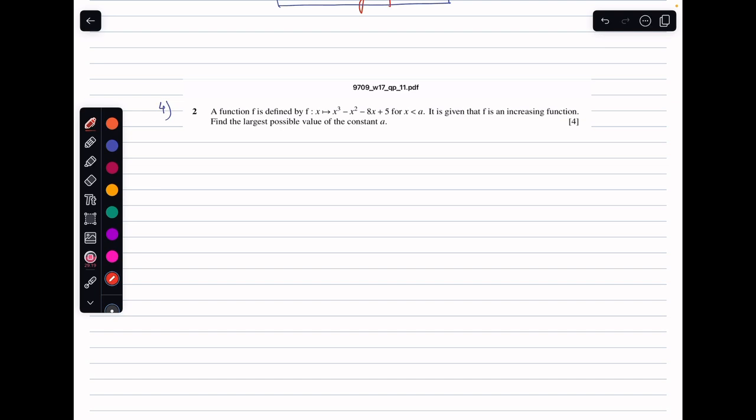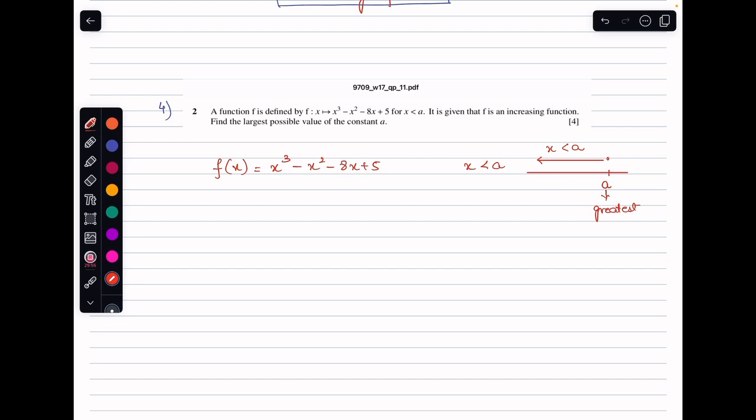So for the largest possible value, it's very clear that the function given in the question is x cubed minus x squared minus 8x plus 5, it is an increasing function, and it is for x less than a. If this is the value of a, then all the values of x, according to the condition, should be less than a, meaning a will always be the greatest value for this condition.